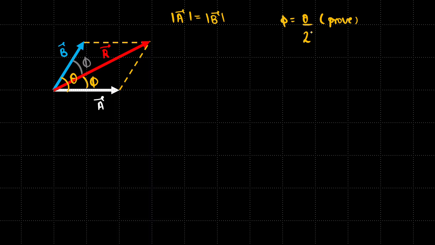To prove this, we must find a relation where phi and theta are involved. The only relation I remember is tan phi. We are taking it with vector A, but even if you take it with vector B, you will get the same result. Since this angle is theta by 2, the other angle would also be theta by 2, which means it would also be phi.